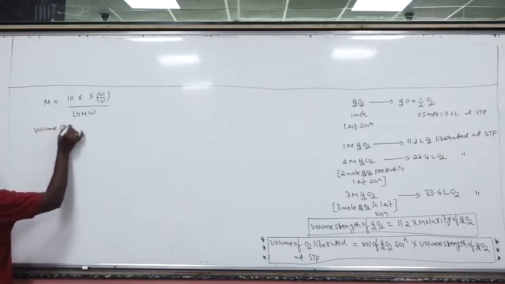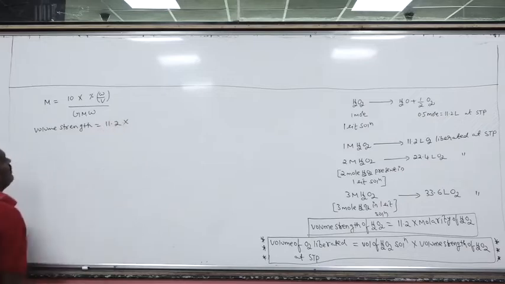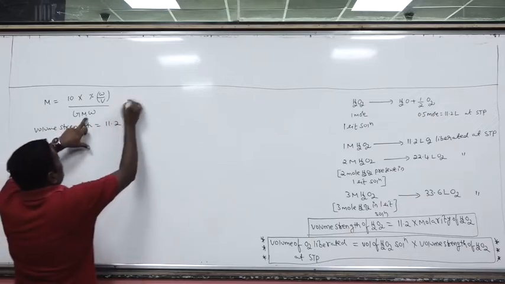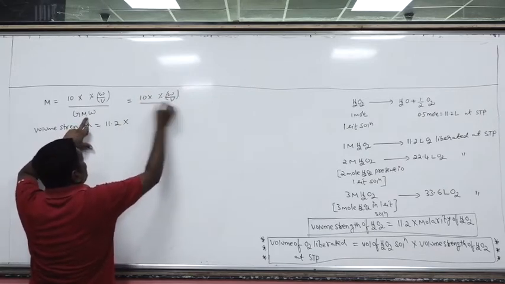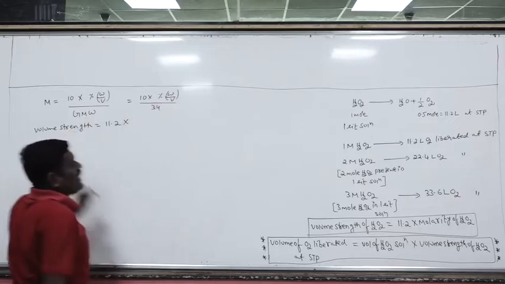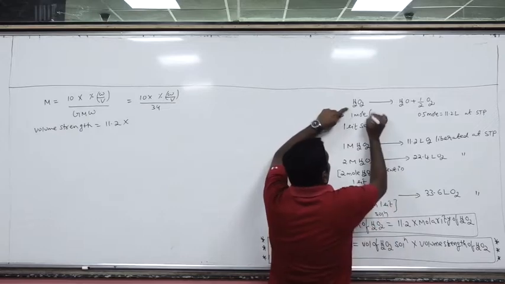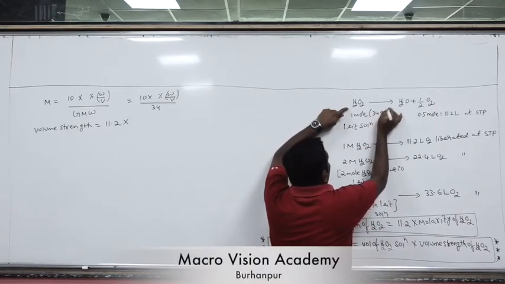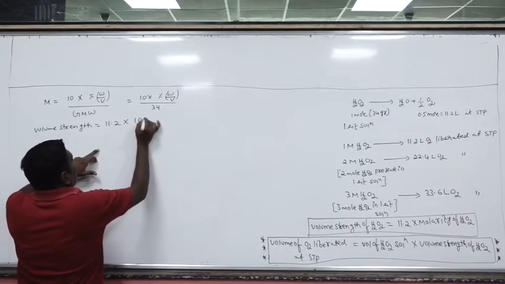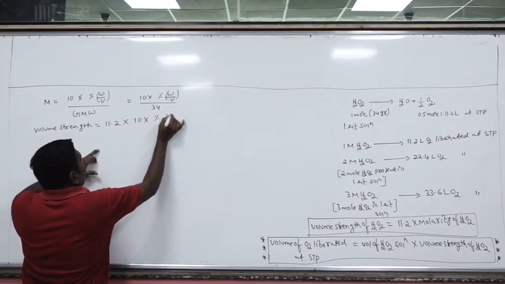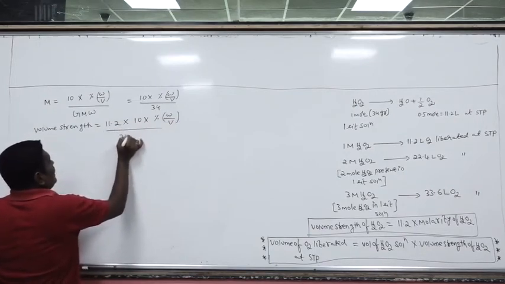Now volume strength will be equal to 11.2 into, now what is the gram molecular weight of hydrogen peroxide? 34. Because O2 is 32 and H2 is 2. 32 plus 2, 34. So 1 mole H2O2 is 34 grams of H2O2. Now I am writing 10 multiplied by weight by volume percentage whole divided by 34.